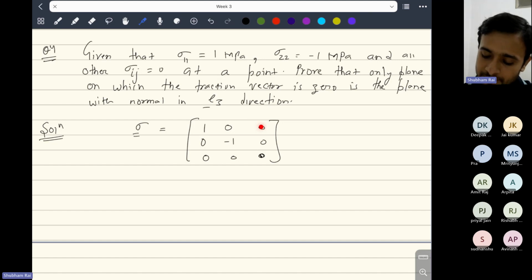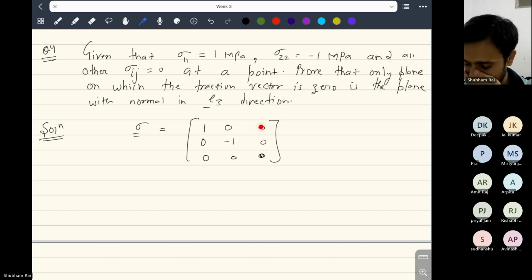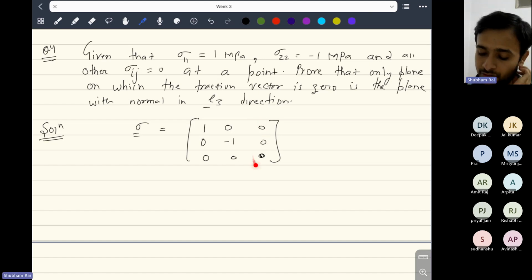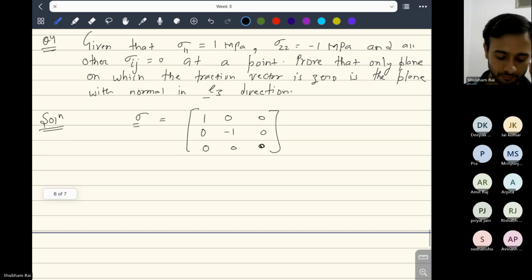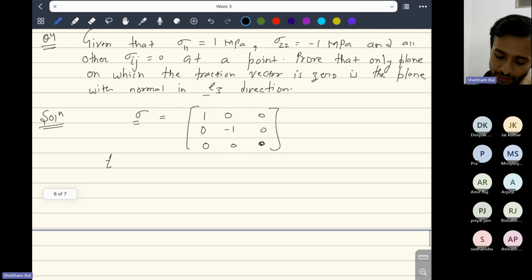So you see here that the traction vector on a plane with plane normal E3 is 0. That proves this point, that the only plane on which the traction vector is 0 is the plane with normal in E3 direction.